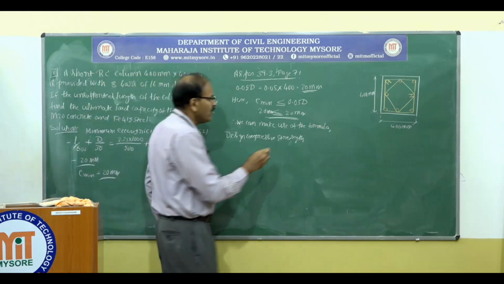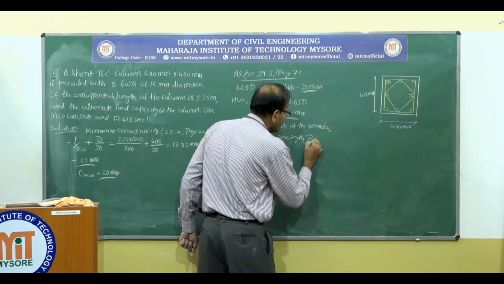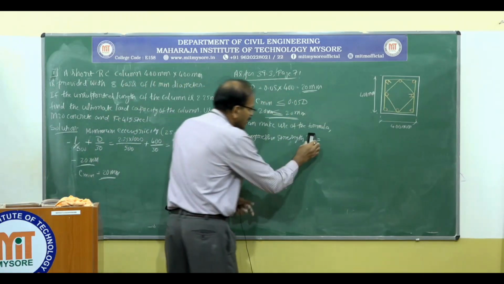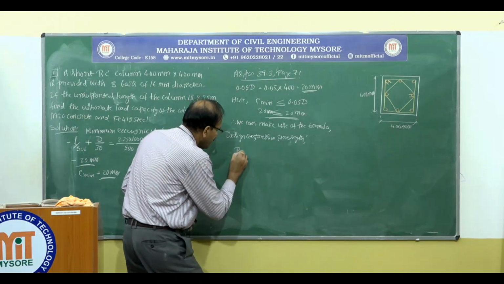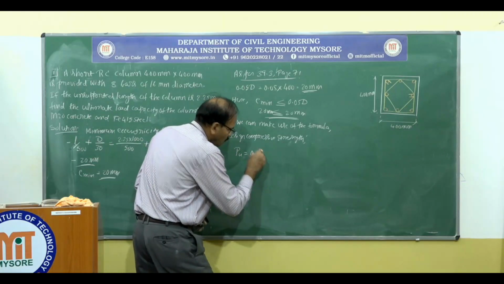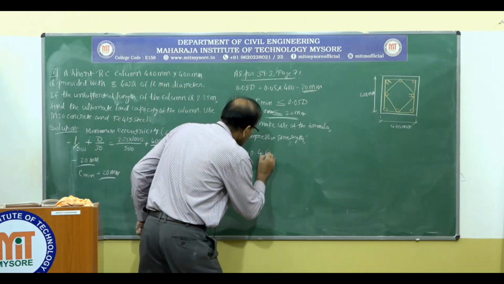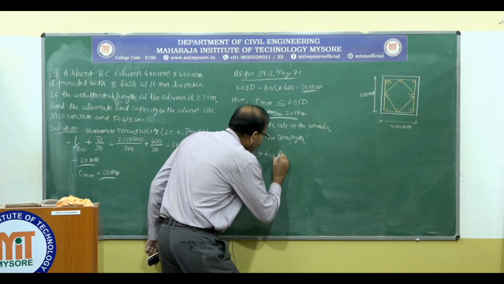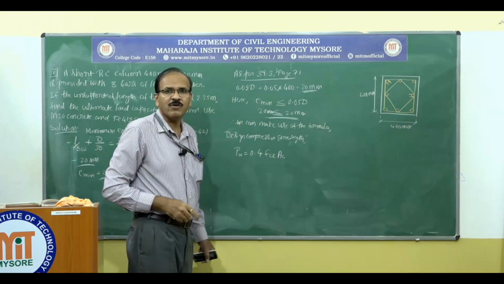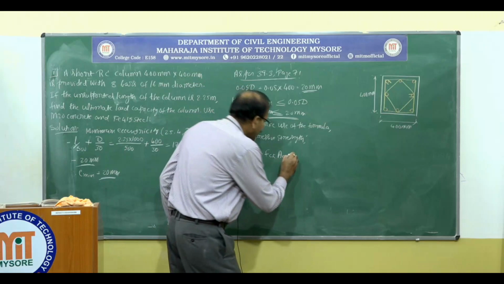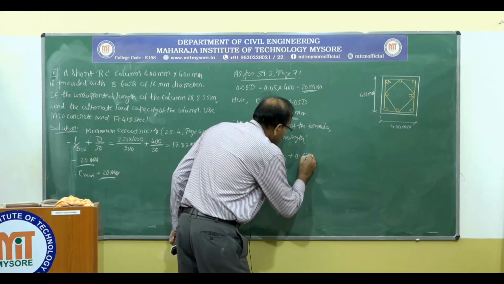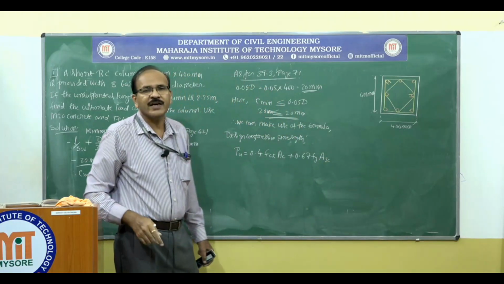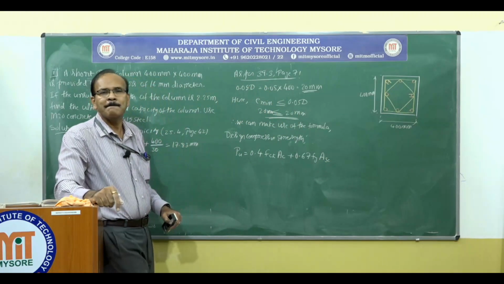Pu equal to, I'm going to write this on the next line, Pu equal to 0.4 fck Ac, that is the area of concrete, plus 0.67 fy Asc, that is the area of compression steel.